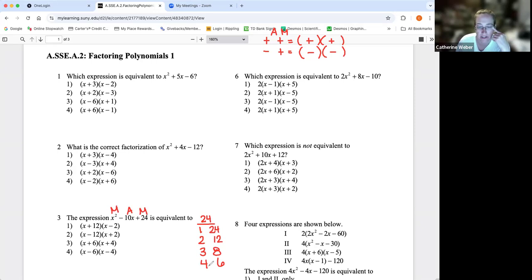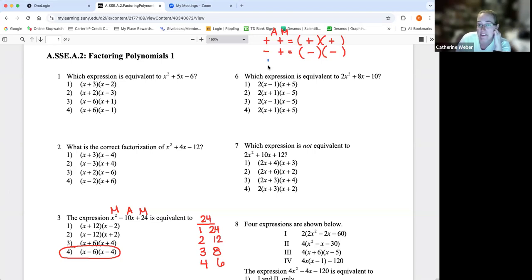The only numbers that when combined will give me a 10 would be the 4 and the 6. However, it'll be -4 and -6 because we're multiplying to a positive but adding to a negative, so they both have to be negative. Thinking of it in this way can sometimes help you go through the factoring faster.